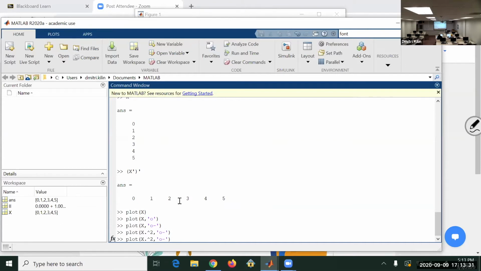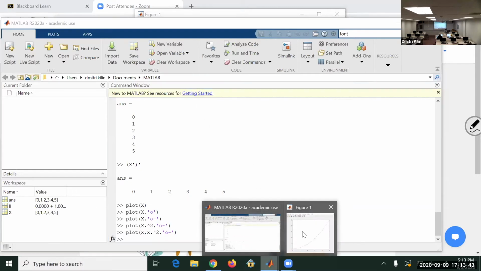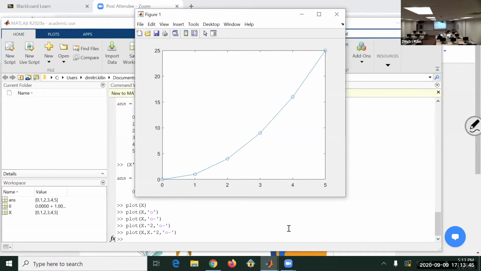What you can do is just add x comma in front of this, so that we have x and y. Now our x-axis goes from 0 to 5 and y goes as x squared.